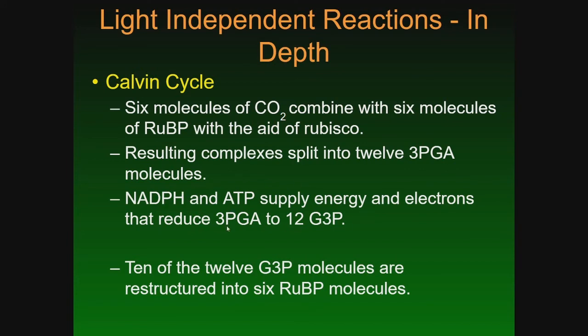So the energy turns those 3-PGA into 12 G3P. Only 2 of the 12 actually go out of the process. The other 10 of the 12, we have to make a cycle, and we have to remake that RuBP. Otherwise, this pathway would not be a cycle, and it would just not go anywhere. Because to get from the beginning, we have to get our RuBP back, so ribulose 1,5-bisphosphate.